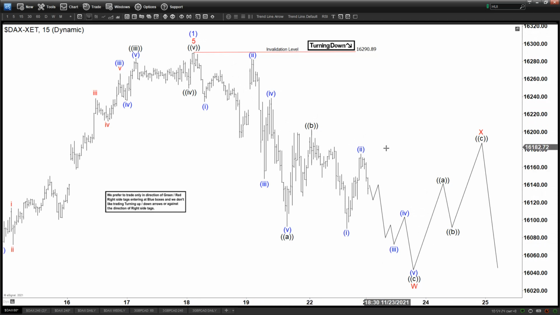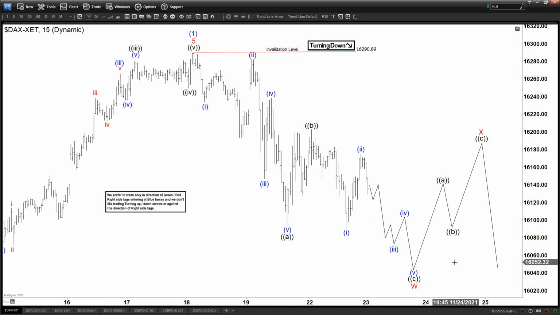Now, yes, in the shorter cycle, we're looking for more downside, but understanding the overall idea is very important, because otherwise you would think this is very bearish and it's going to collapse or anything like that, but it's not. If you just look at the labels here, we know that this is considered a correction, and the first principle, as always, correction is weaker than the trend. So sometimes correction can fail to reach the intended target and then start to turn higher and so on. That's the key takeaway here.